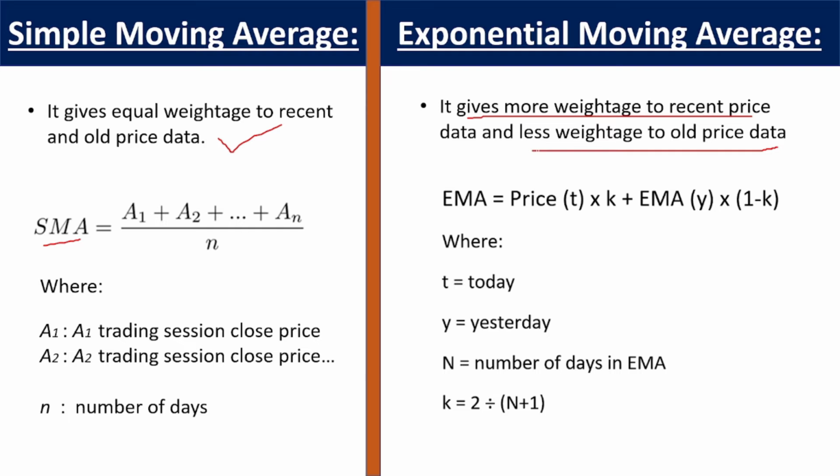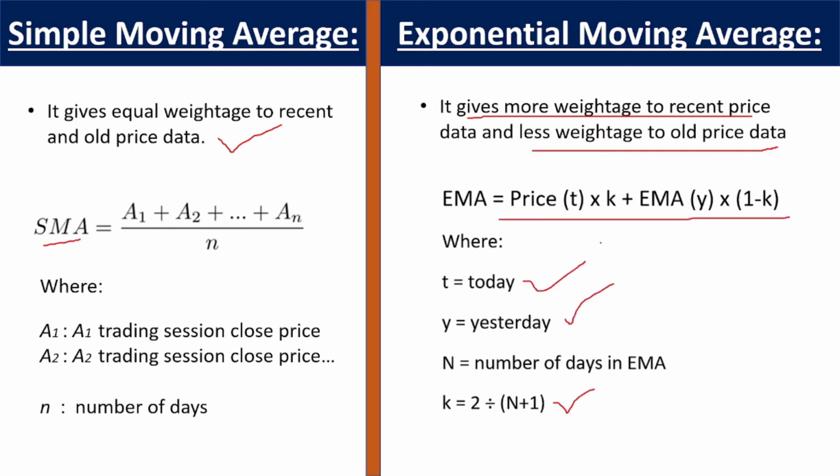So what happens in a simple moving average? It is just a calculation of average where it gives equal weightage to old price data and recent price data. Whereas in exponential moving average, it gives more weightage to the recent price data and less weightage to old price data.